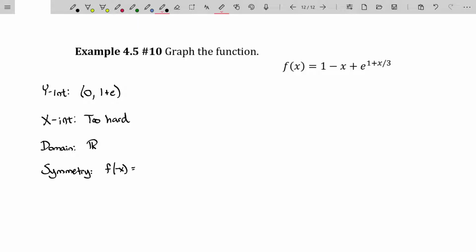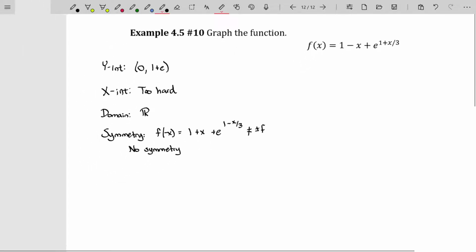F of negative x is 1 plus x plus e to the 1 minus x over 3. There is no way at all that you can factor out a negative or some silliness like that to make this become plus or minus f. So this is never going to be plus or minus f. Thus, there's no symmetry. The real big clue that there's no symmetry, honestly, is that exponential function.